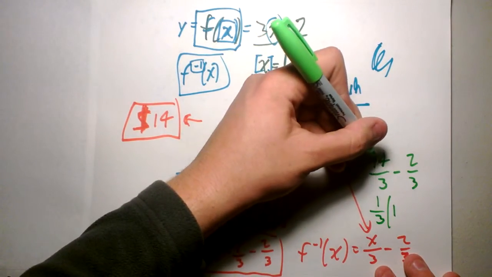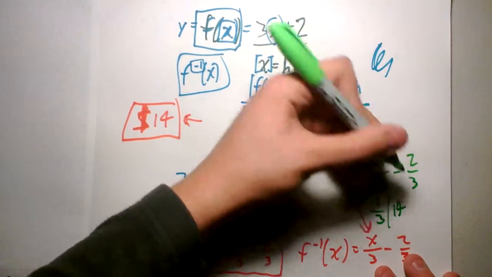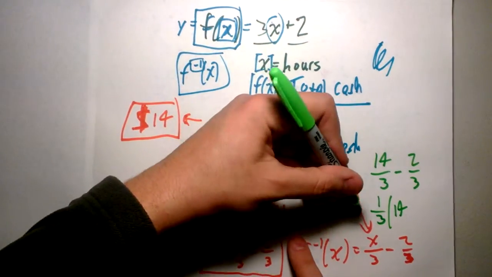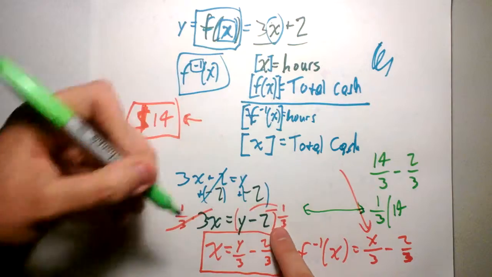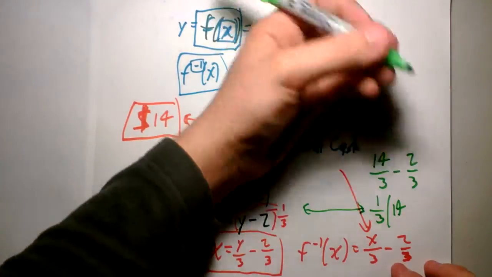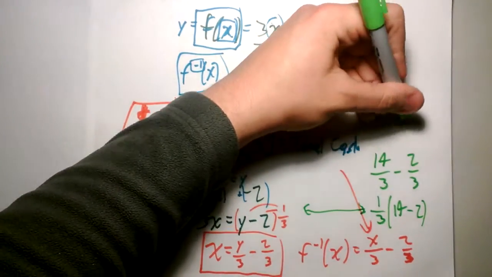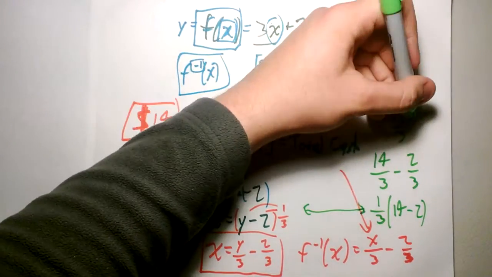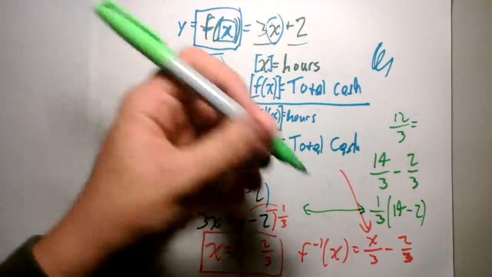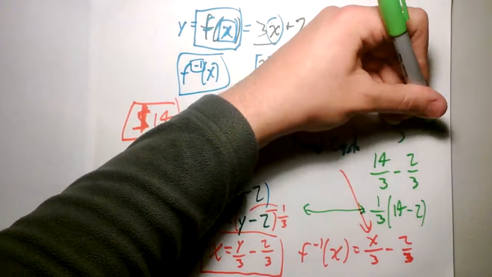So we have 1/3 times 14. Technically, I'm undoing this work right here. So you could have kept this as your answer. Equally valid. Minus 2. All right, 14 minus 2 is 12. And 12 divided by 3, because it's 12 times 1/3, is 4.